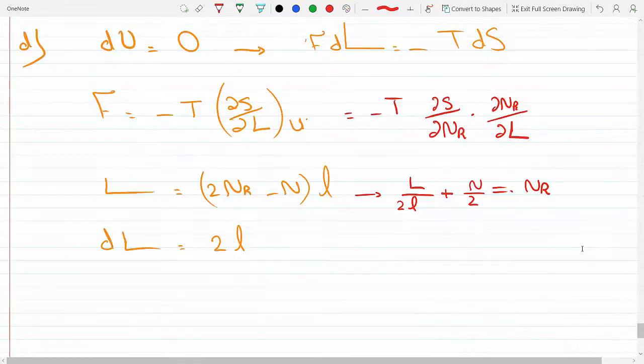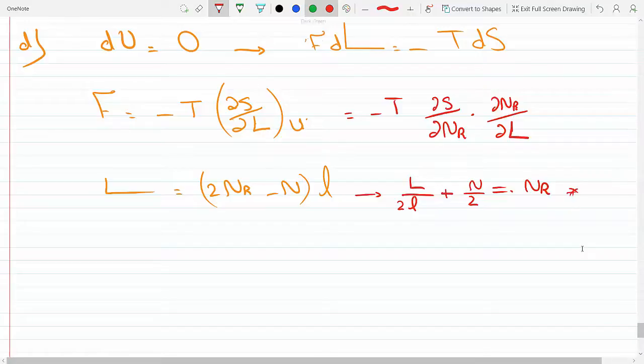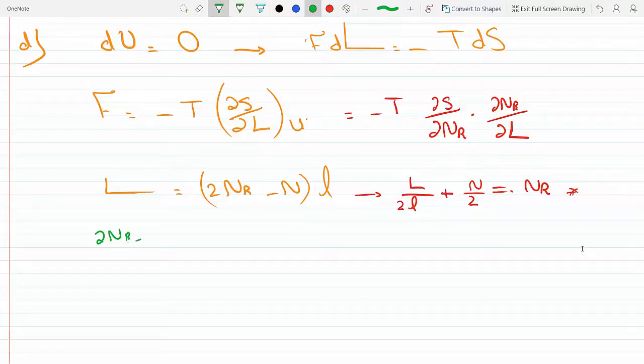So with that in mind, let's find dnr over dL from this expression here. The partial derivative of this with respect to L will be 1 over 2l.